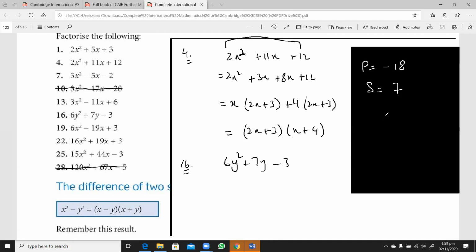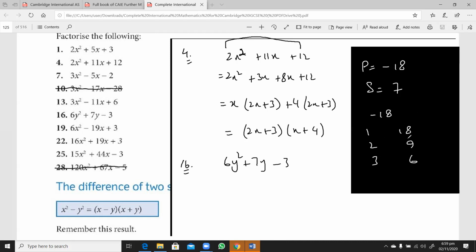Okay. So now when you have 18, so 18 is 1 times 18, 2 times 9, 3 times 6. All of these three pairs, they have product 18, but now we need a product of minus 18. Okay, so that means one of them has to be negative with the sum 7.